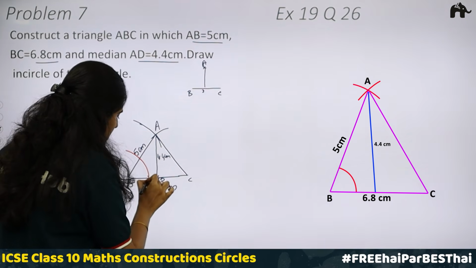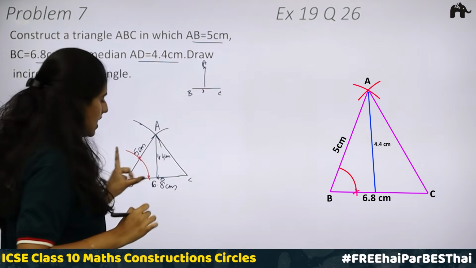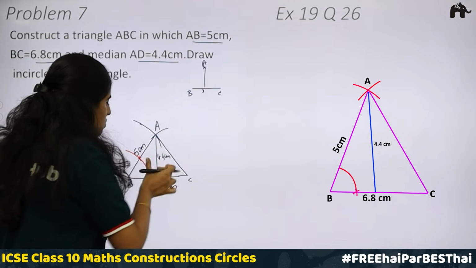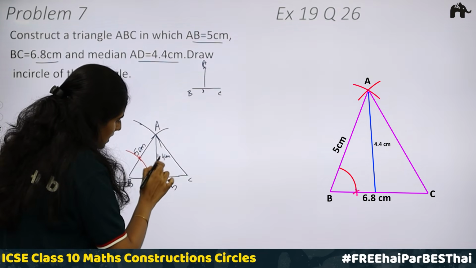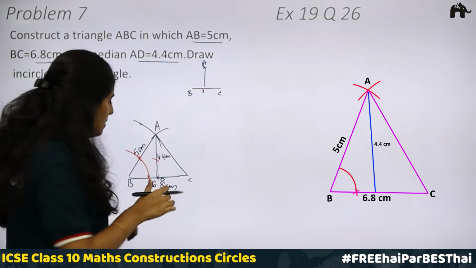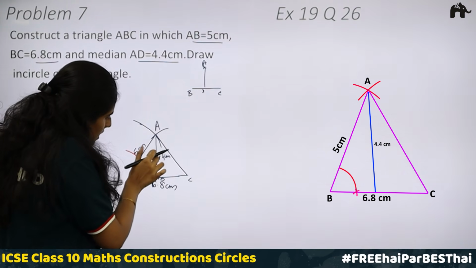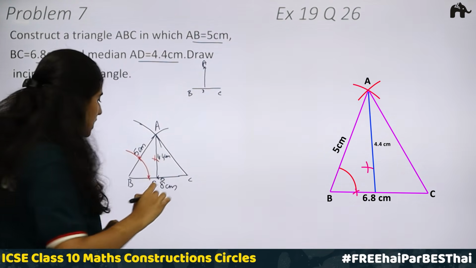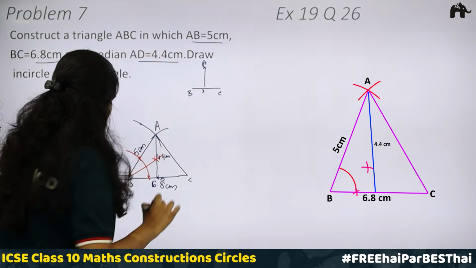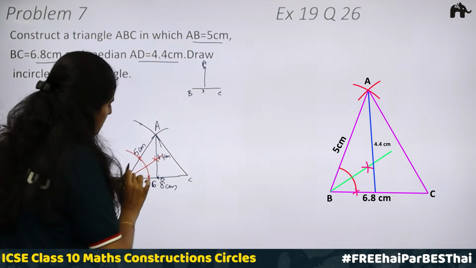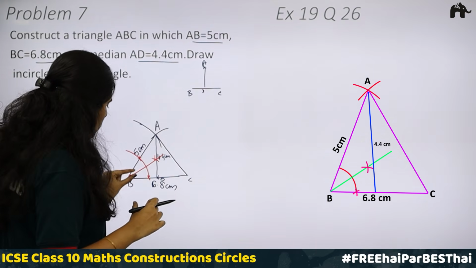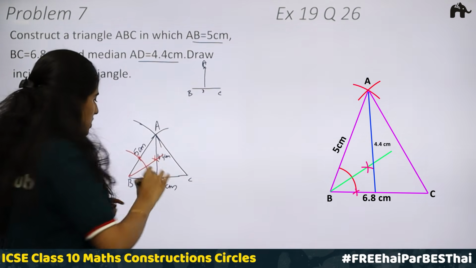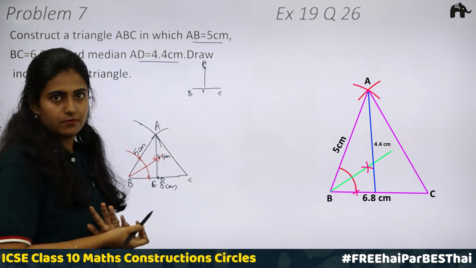From this point and this point as center, we'll be drawing two other arcs, with the same measure. So, this is a line which bisects the angle B. If angle B is 60 degree, this part will be 30 and this part will be 30. So, the straight line bisects angle B.